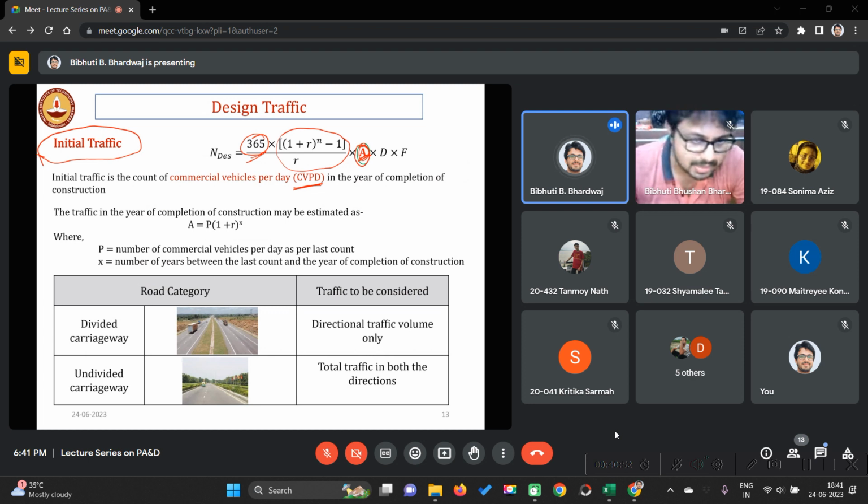Now this initial traffic is a little bit confusing, because on which day do you need to consider the traffic, since traffic is always increasing? As you can see, there is a rate of growth.